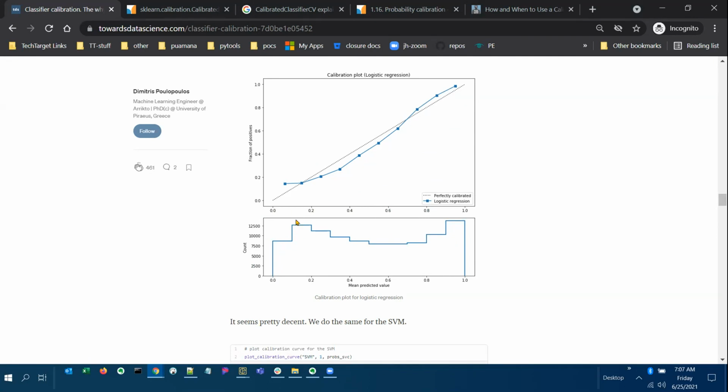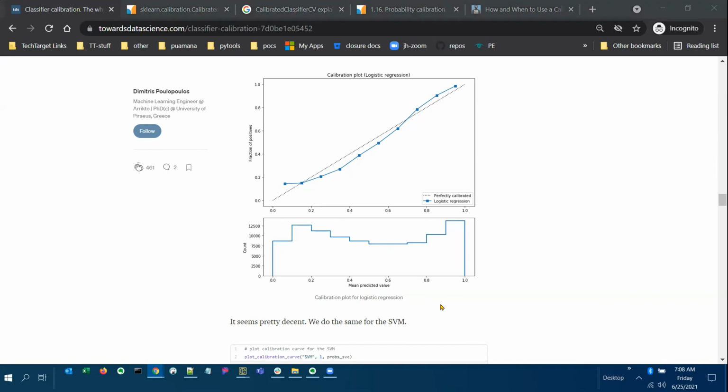This shows you the bins at the bottom: 0 to 0.1, then 0.1 to 0.2, and 0.2 to 0.3. With each of those bins, you get an idea of how confident and how correct your model is with the probabilities it's returning.